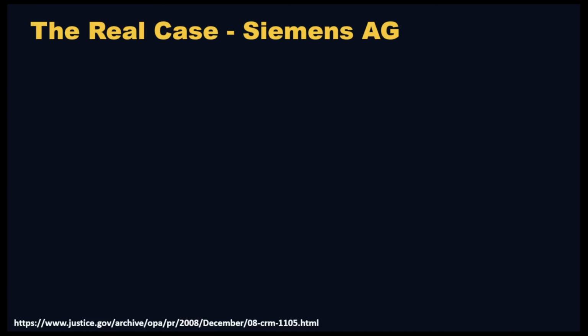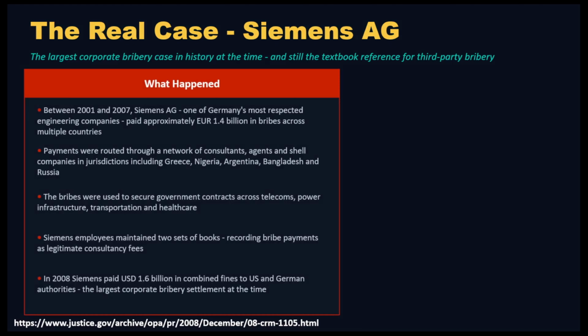This is the Siemens case, the reference point for corporate bribery globally. I want to walk you through it because it makes every concept in this video concrete and clear. Between 2001 and 2007, Siemens, one of Germany's most respected engineering companies, paid approximately €1.4 billion in bribes across multiple countries: Greece, Nigeria, Argentina, Bangladesh, Russia.